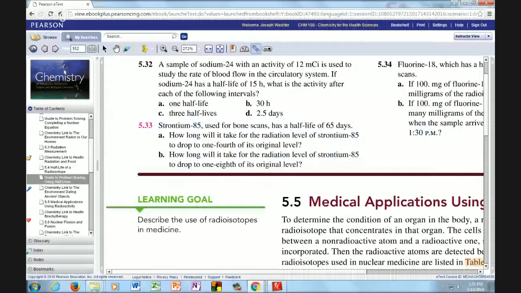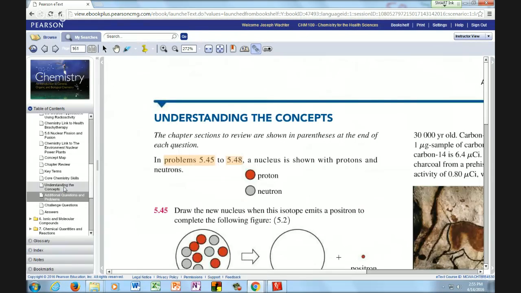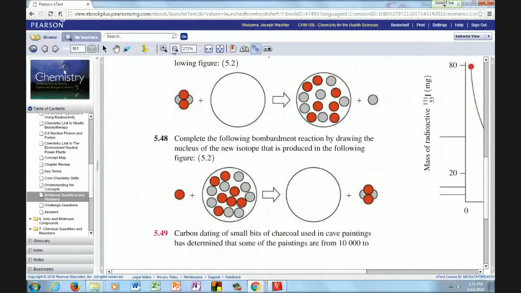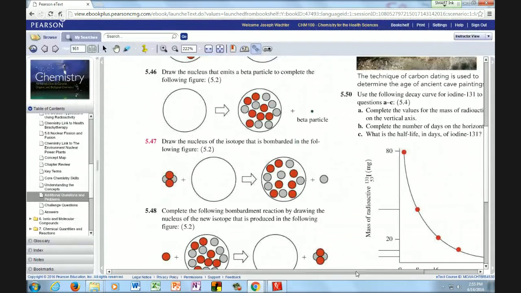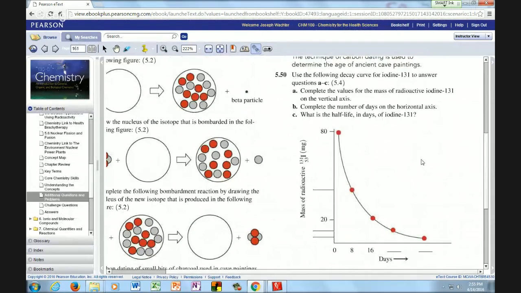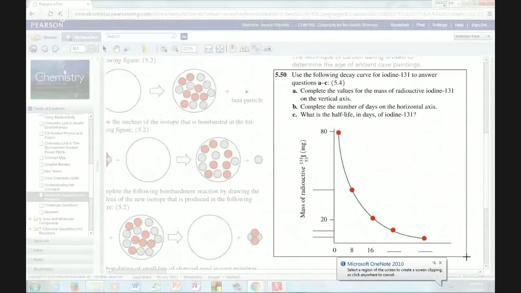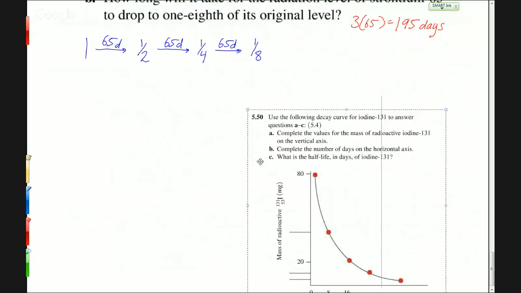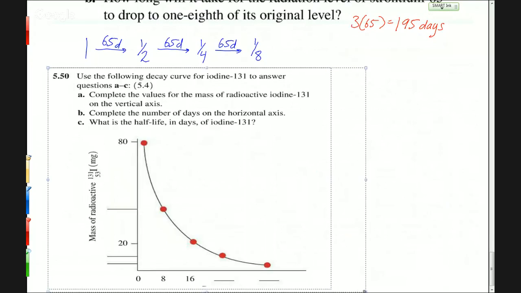All right, let's look at some more of this. Now, here's another interesting question, where we're looking at a graph of the mass versus the time, so basically the half-lives.